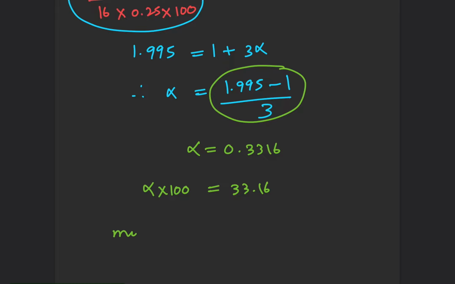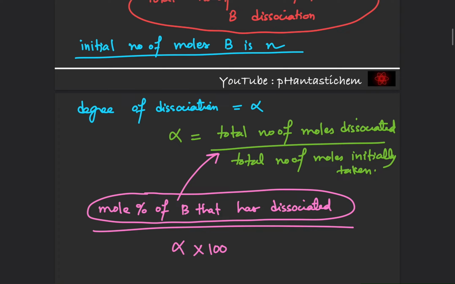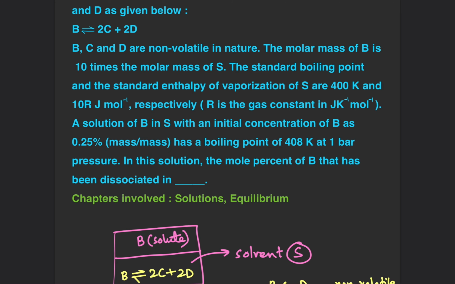So the mole percentage of B that has dissociated is 33.16%. So the final answer is 33.16%.